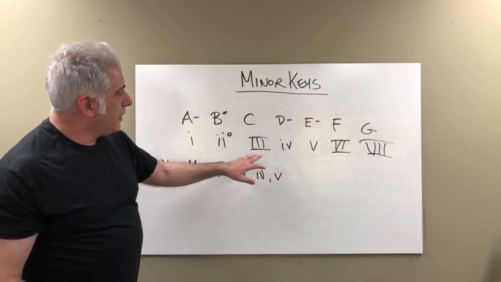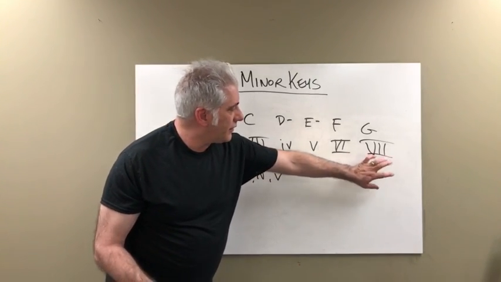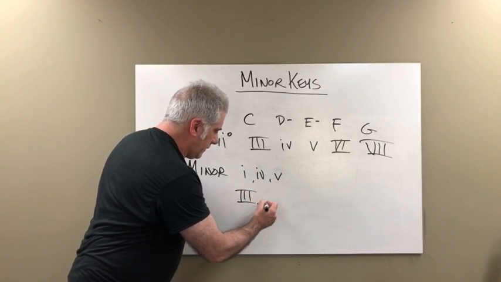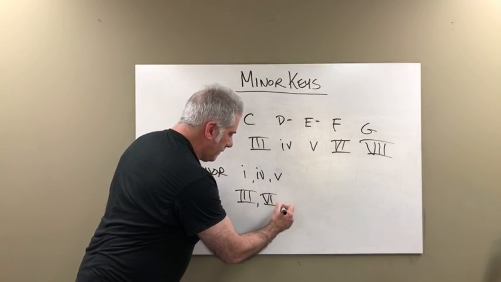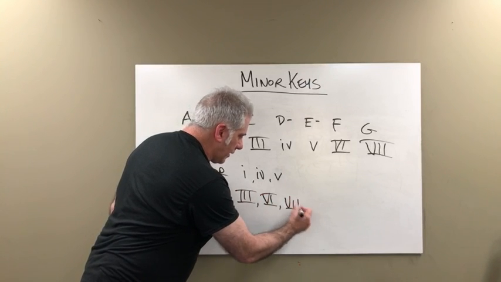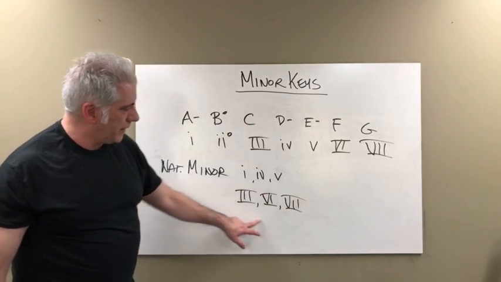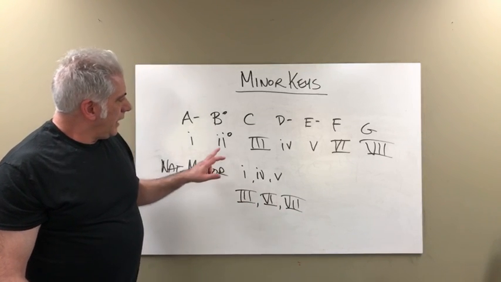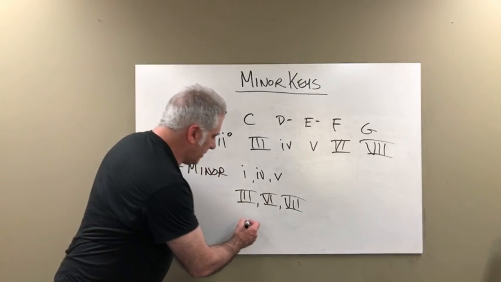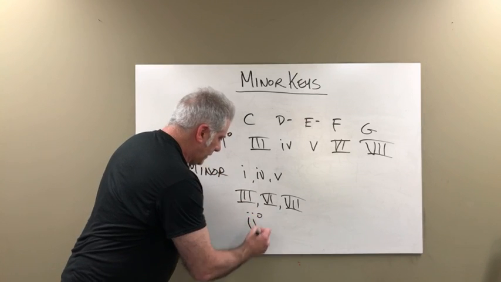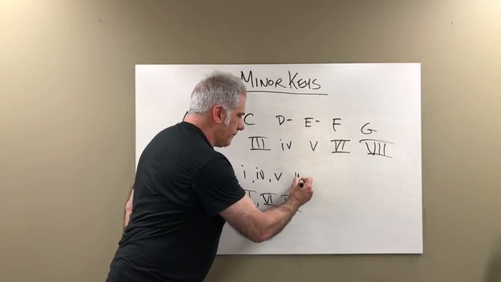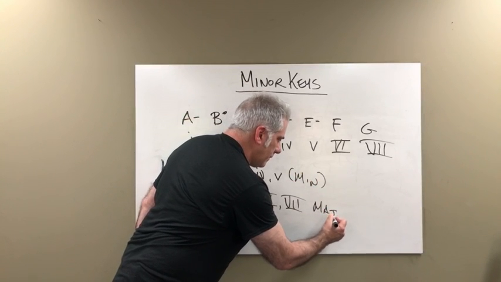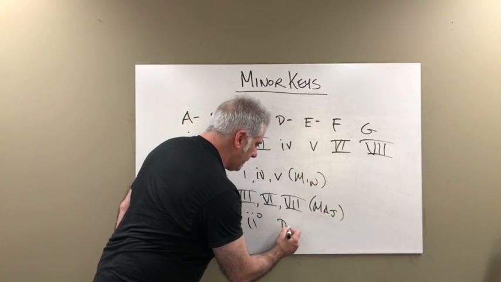Then 3, 6, and 7 are major. Major is capital Roman numerals, or uppercase. And 2 is diminished. So these are minor, these are major, and this one is diminished.